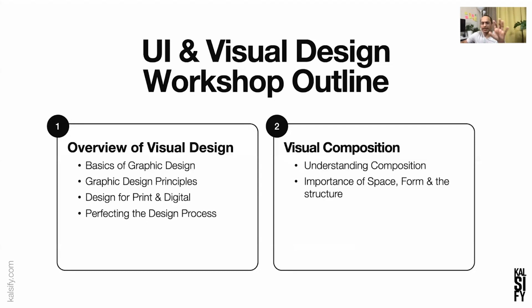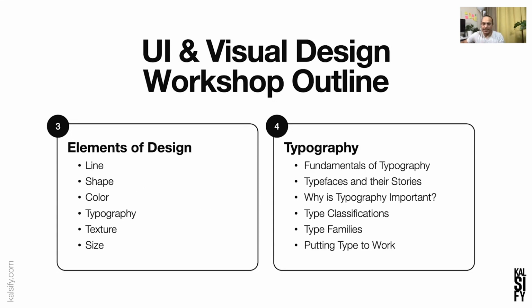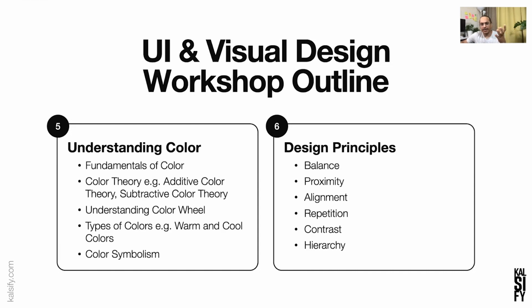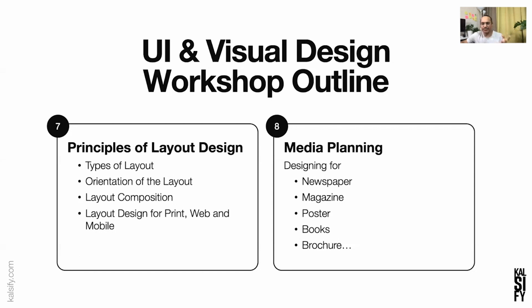Basically, in visual design, I'll give you a very high level idea of graphic design, different principles, how the composition should be made, how to use different design elements, and how to select the font. Parallelly, I'll also talk about colors, because color plays an important role in design, right? And also the principles. By covering these things, you'll have a good understanding of the design as well as the user experience.